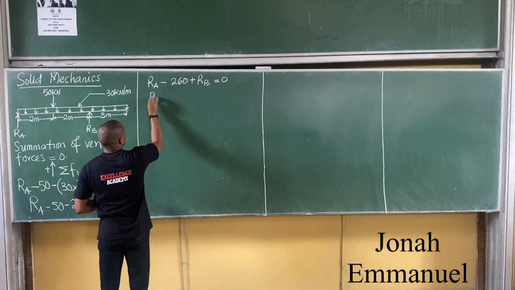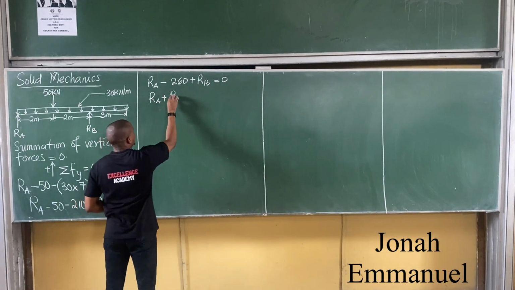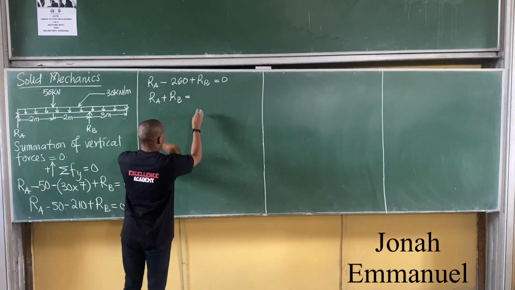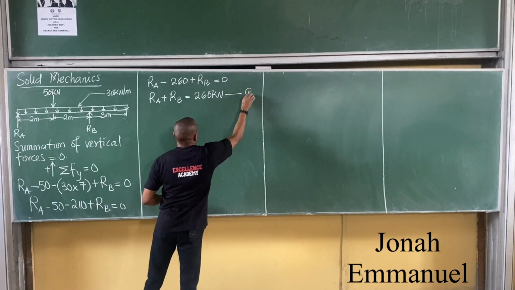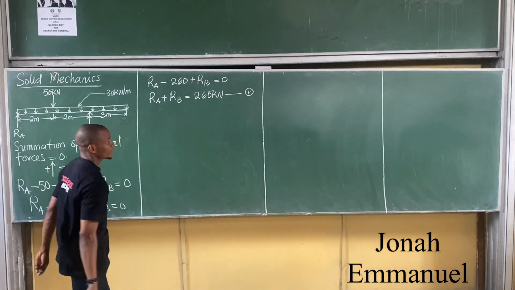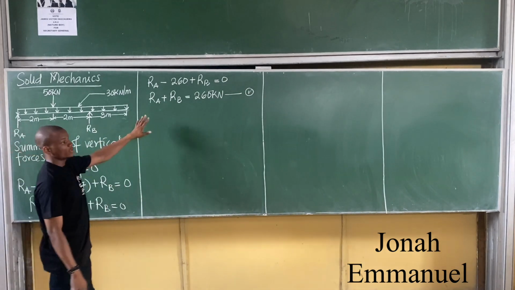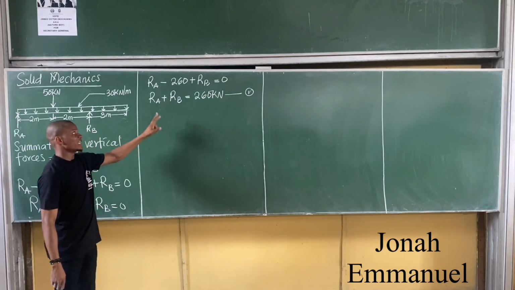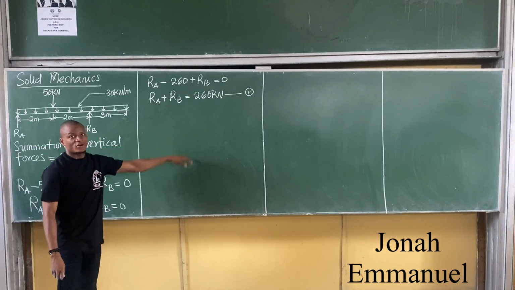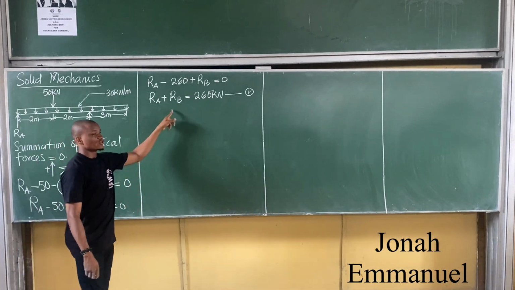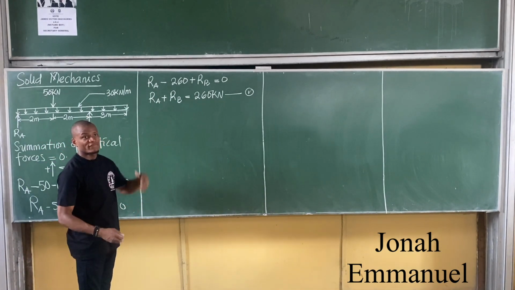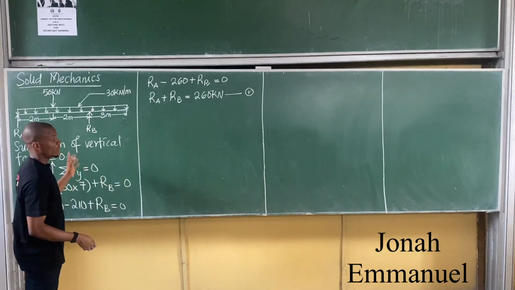I have RA plus RB is equal to 260 kilonewtons. That's my first equation. Next, I have two unknowns. The concept is to eliminate one unknown by taking moment about one of the unknowns, so that it eliminates that one, leaving you with just the value of the other unknown.